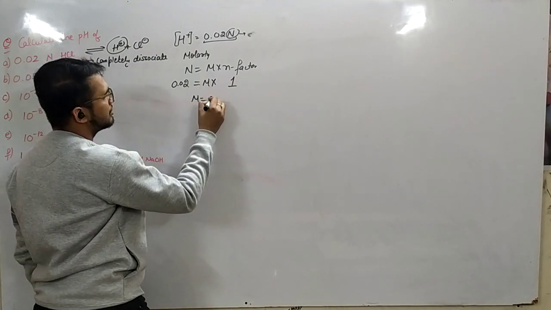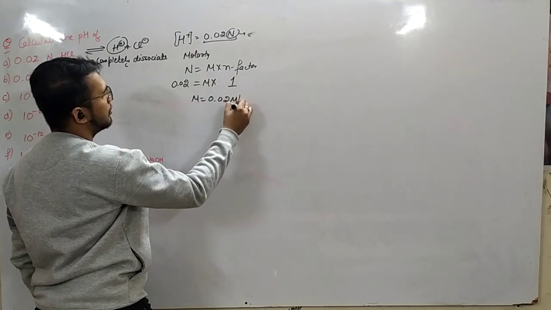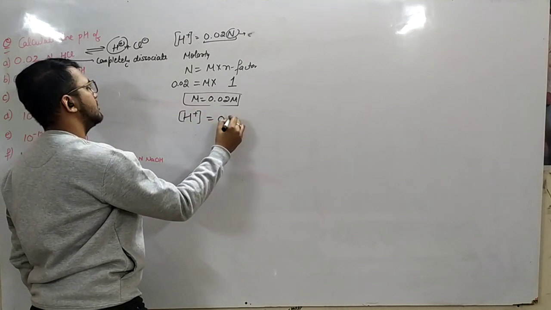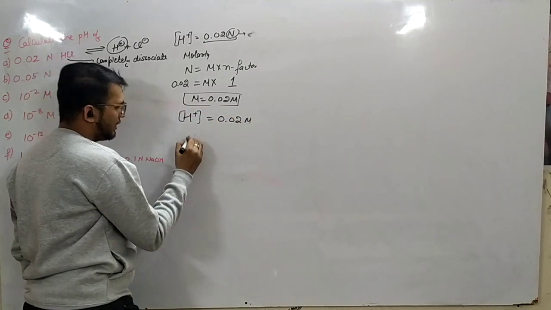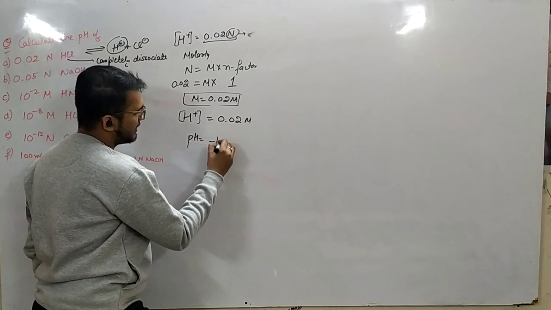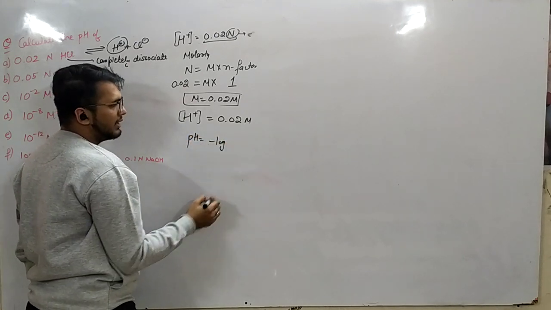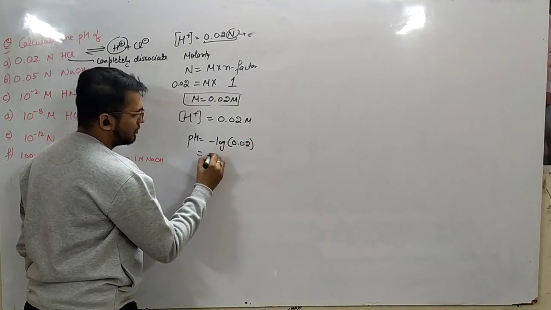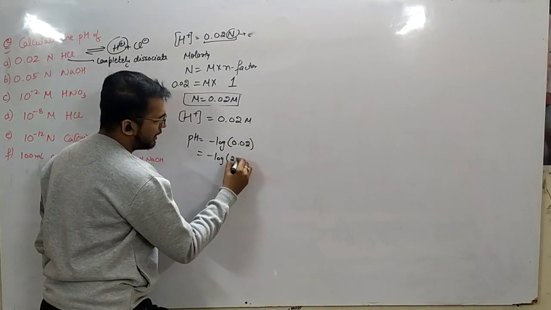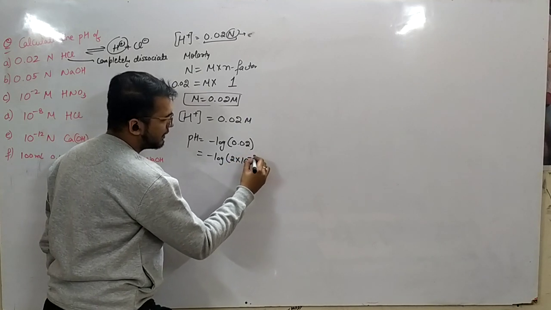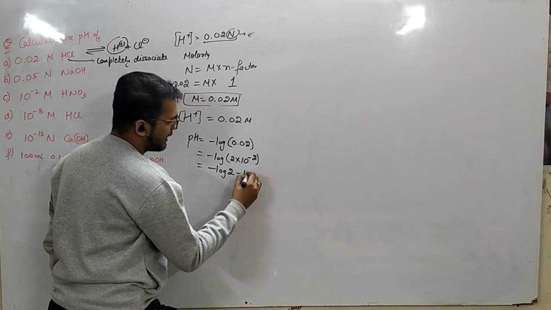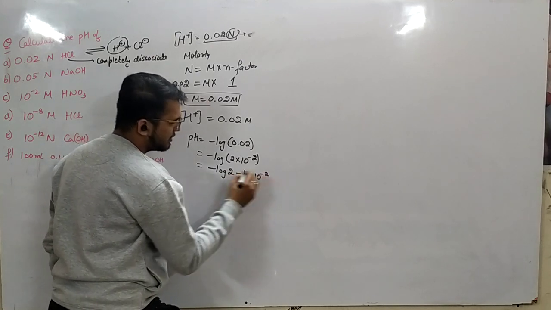तो मोलैरिटी इज इक्वल्स टू 0.02 मोलर. So H positive ion comes out to be 0.02 molar. Now pH is equals to minus log 0.02. So minus log 2 into 10 to the power minus 2. So minus log 2 minus log 10 to the power minus 2.